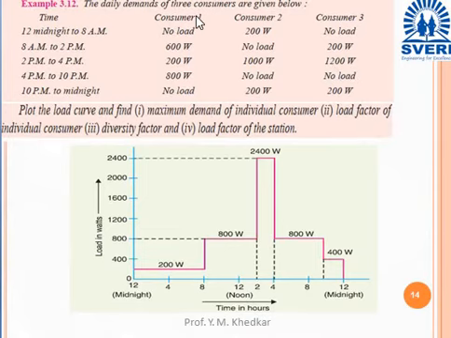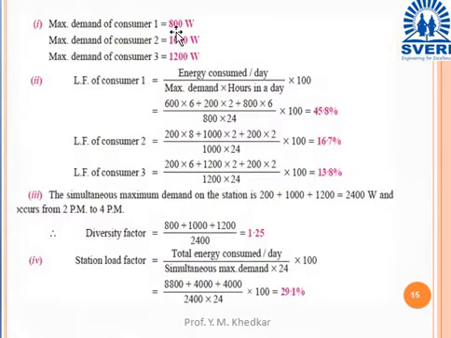So the maximum demand of consumers number 1, 2 and 3 respectively we will take aside and try to calculate the maximum demand of individual consumer. By simple observation we can write the maximum demand of consumer 1 as 800 watt, of consumer 2 as 1000 watt and of consumer 3 as 1200 watt.